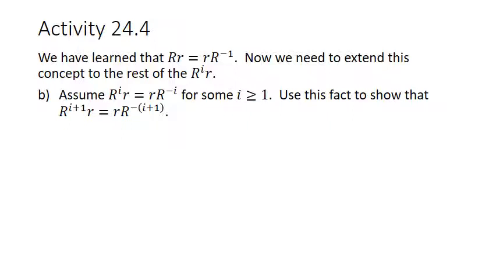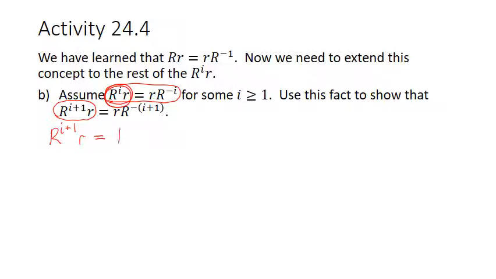Okay, so for part B, we're going to try to do the same thing. Assume that big R to the I times little r equals little r times big R to the -I for some I greater than or equal to 1. And then we're going to try to show this other equation. So I'm going to again start with the left-hand side, and I'll try to work my way towards getting the right-hand side. I'm going to try to apply this equation right here. So I think what I want to do is break off a chunk that looks exactly like this part.